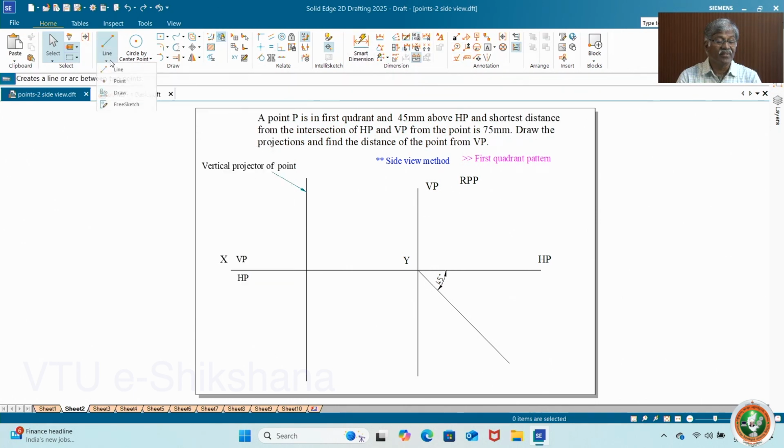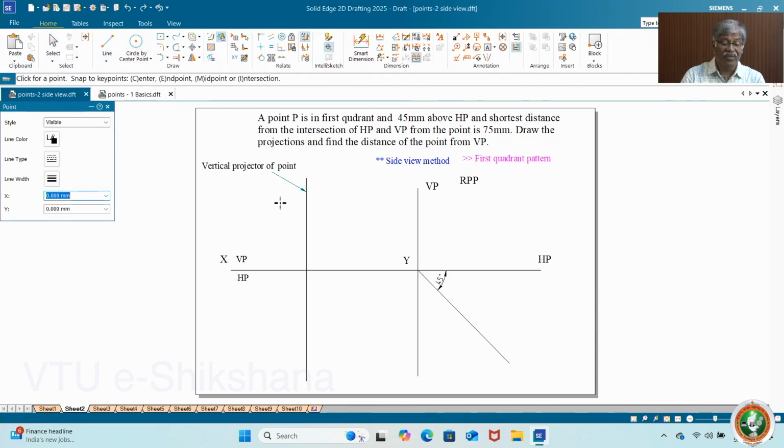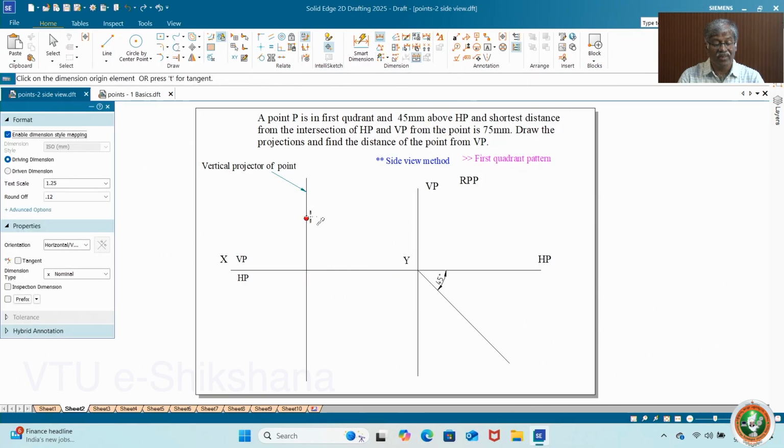Now let us mark point P, 45 mm above HP. Now dimension the distance between two reference items: one is the point, the other one is the XY line. See, this is 45 given. This point is referred to as P dash.